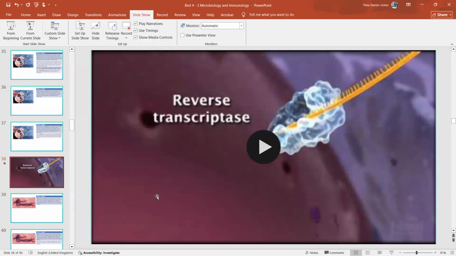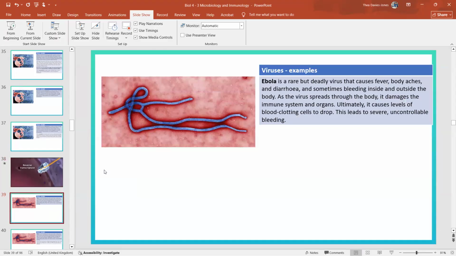It basically hijacks our entire machinery for building proteins to make its own proteins, and then essentially steals a bit of the cell membrane to package it all up, and off it goes to continue infecting things, which is pretty smart, particularly since the cells that it continues to infect are immune cells. So it is also taking out our immune system as it does so.